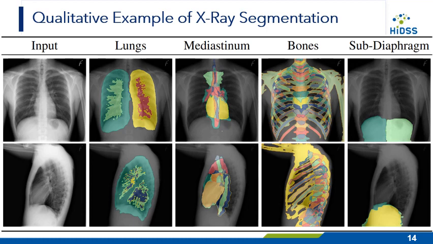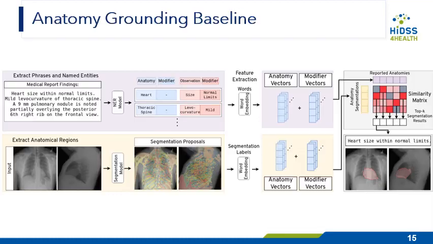However, we can note severe differences in the segmentation of the lateral view. However, we believe that with the introduction of domain adaptation techniques as well as more sophisticated data augmentations, these problems can be resolved. Using these segmentation models, we built a simple anatomy grounding baseline.